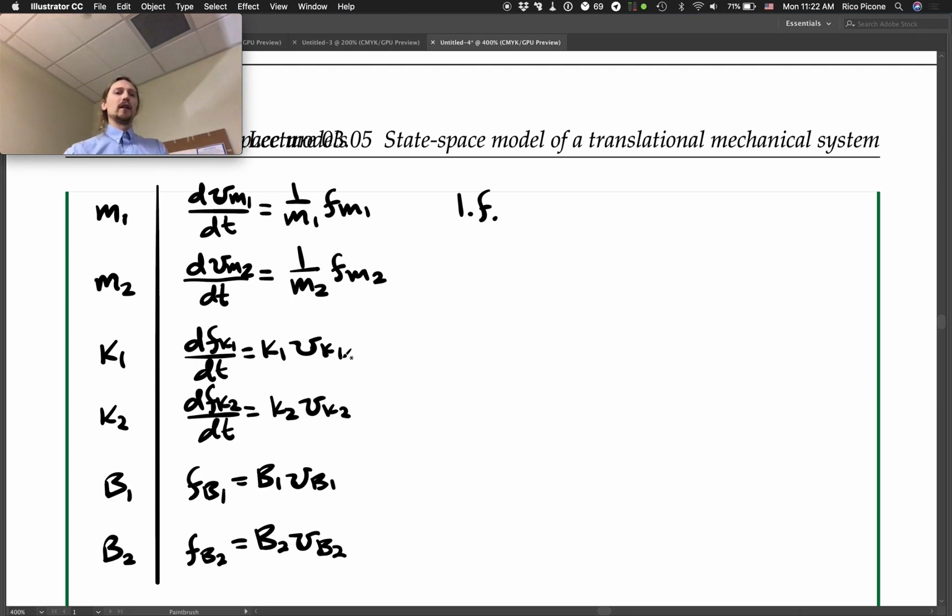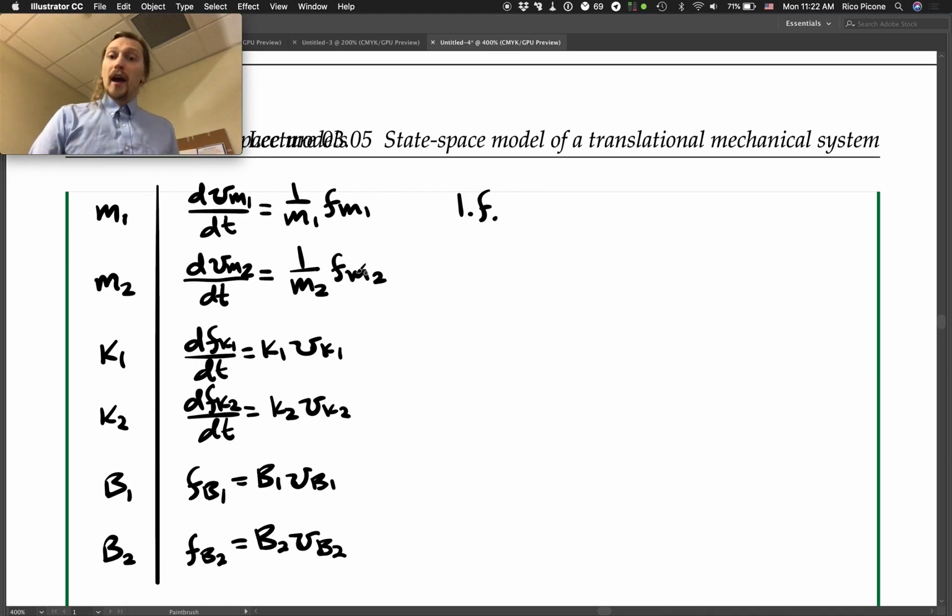So that's what we've got right here. Time derivative of f is df dt. So, you're right, the force is a function of the position, but what we're interested in is the time rate of change of the force in this case.